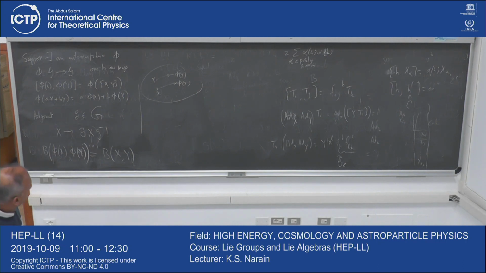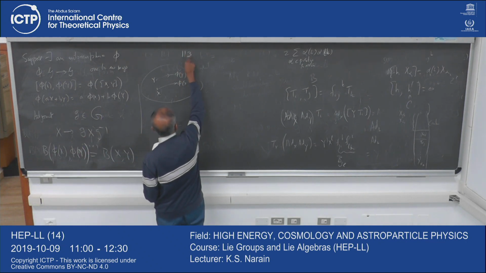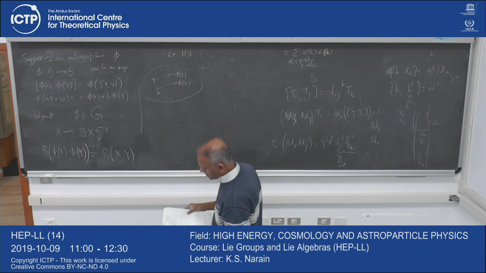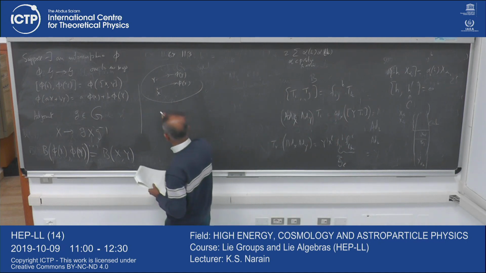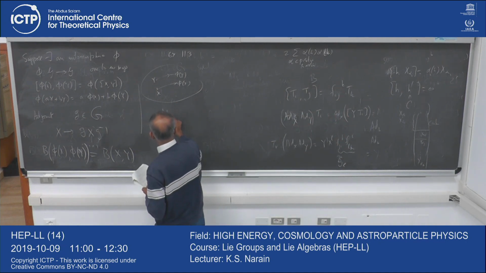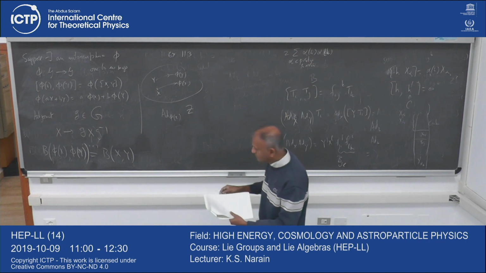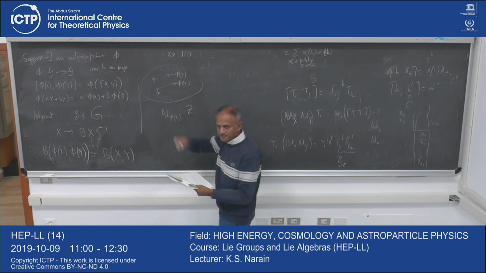Now this is left as an exercise, 11.3. The way to prove it is like this: you start from the definition, look at ad phi of x acting on some arbitrary element z. If you just go through the line before 11.3, there is a hint given.